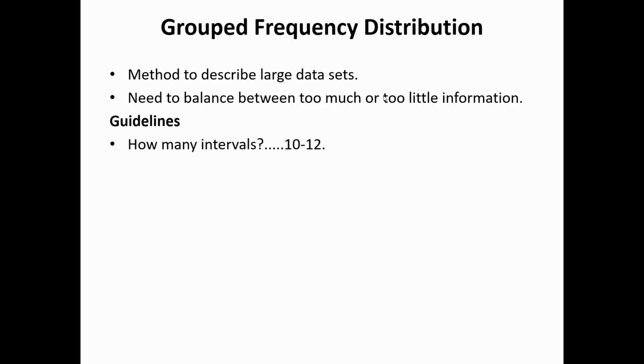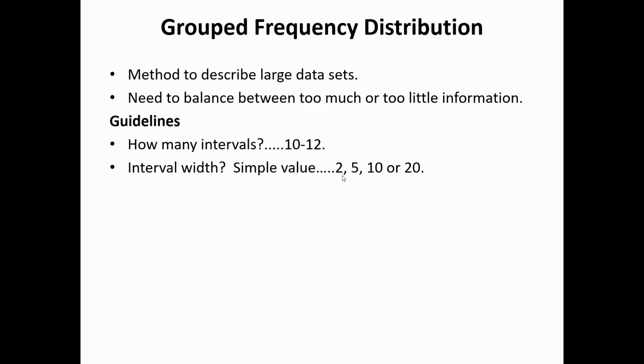The key in generating a grouped frequency distribution to make a bar graph, histogram, or frequency polygon is to first determine how many intervals. We're dealing with data that are continuous, and so the researcher should aim to have 10 to 12 intervals of data, and based upon that, the determination of the width of each interval should follow a simple value.